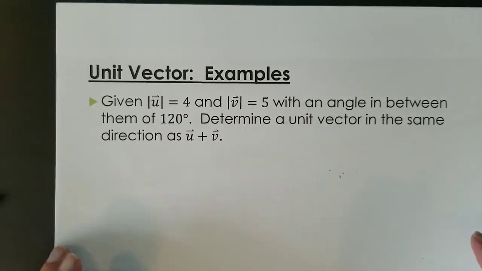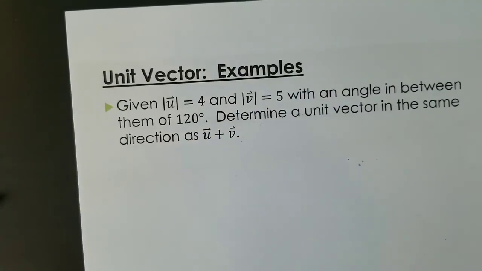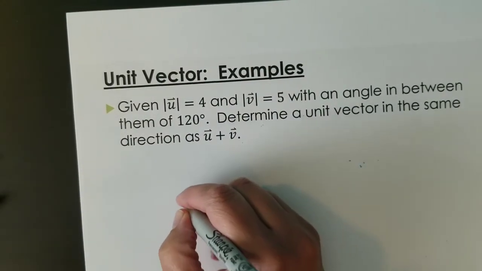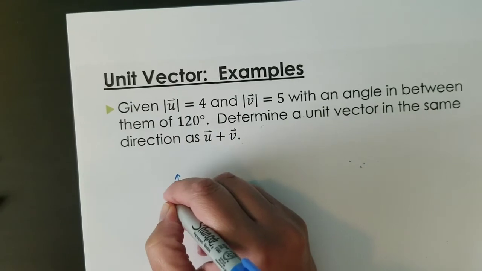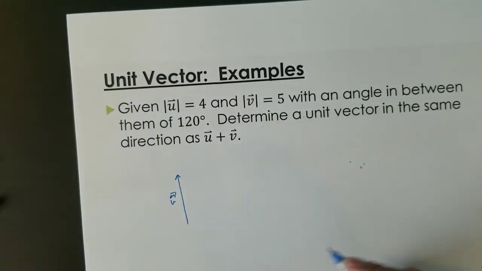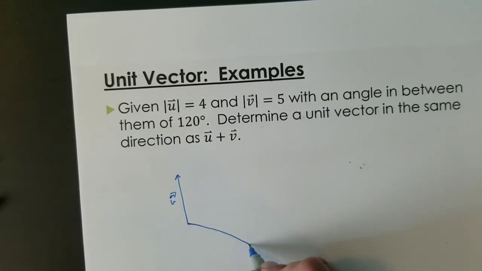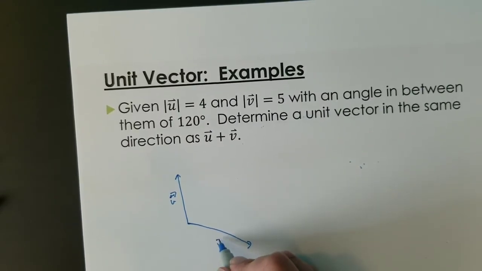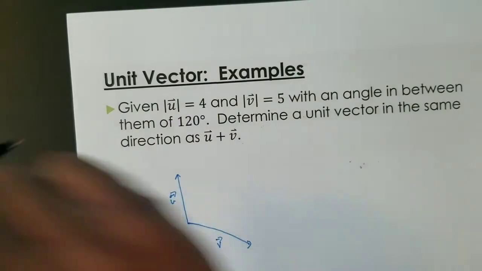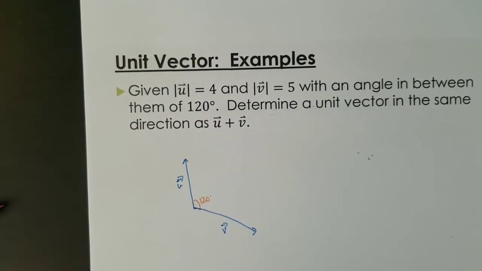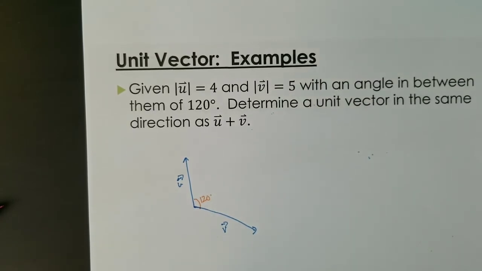So here we want to find a unit vector. So we have magnitude of u is 4. I'll draw a u there. And magnitude of v is 5, and the angle between them is 120. So I'm going to draw this bigger than 90. That's 120 degrees between my two vectors.